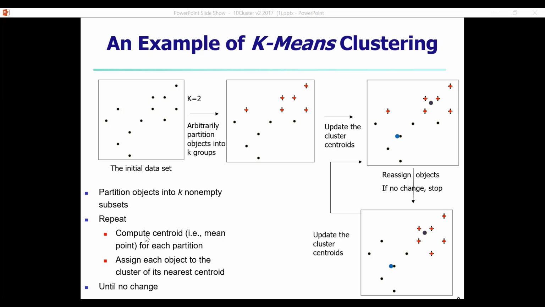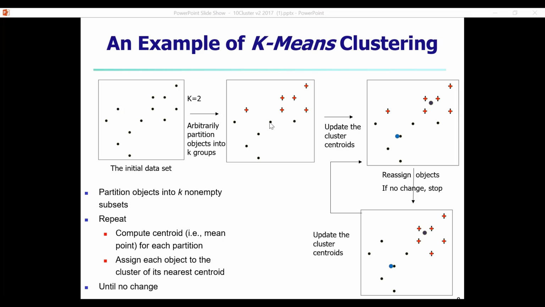And the next step is we calculate the distance from each data point to those two centroids. So one centroid over here, another centroid over there, and then we calculate the distance from each data point to those centroids. Whichever is closer, we can reassign each data point or each object to a different group.